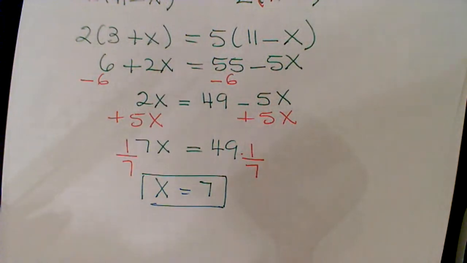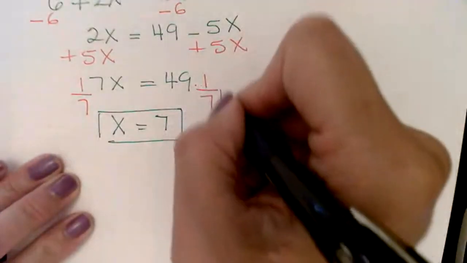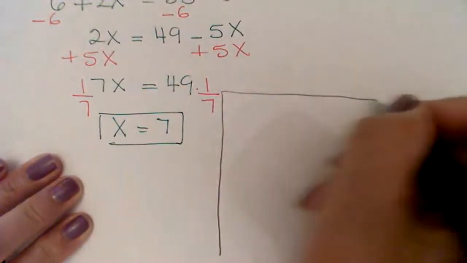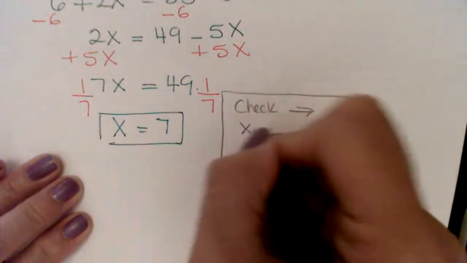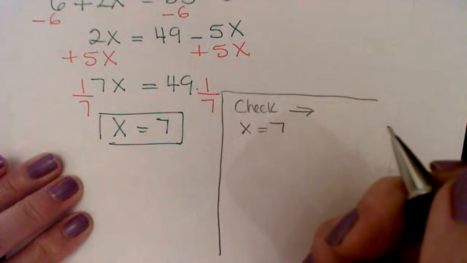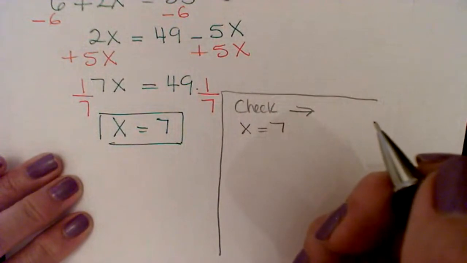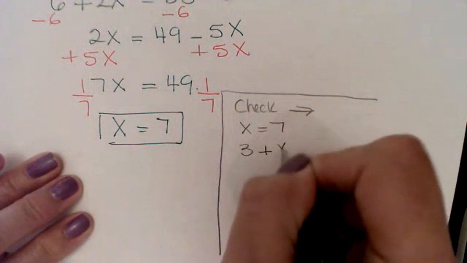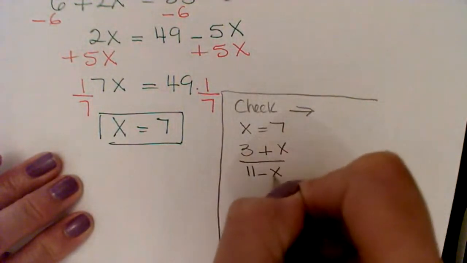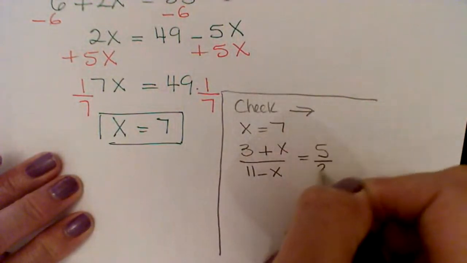We could check this one. Let's do it. We're going to check x equals 7. Okay, so let's see. We have 3 plus x divided by 11 minus x equals 5/2.